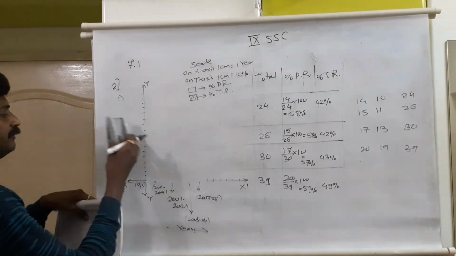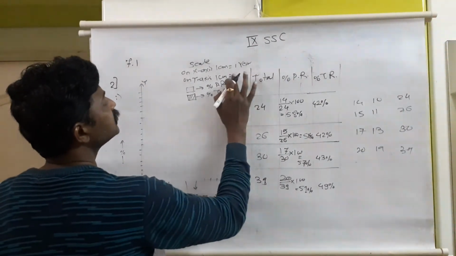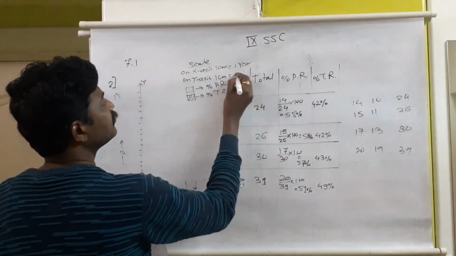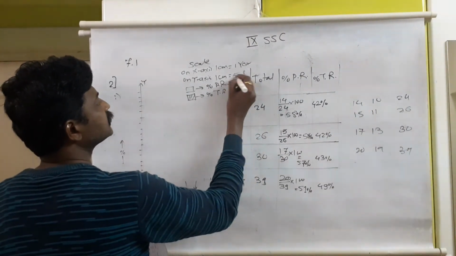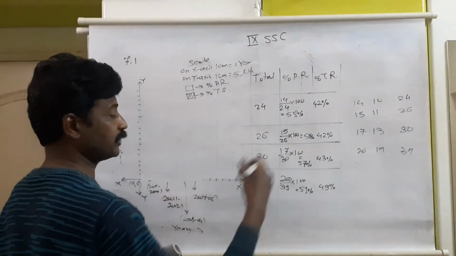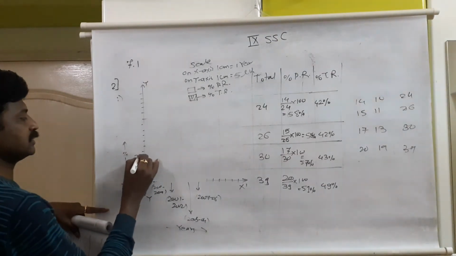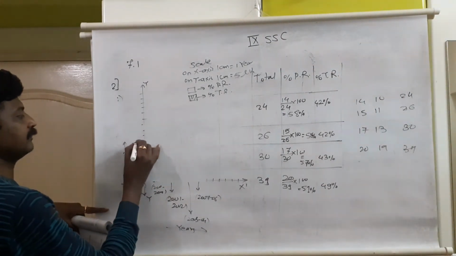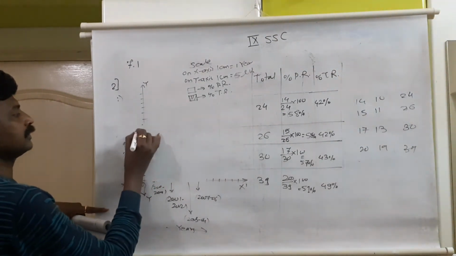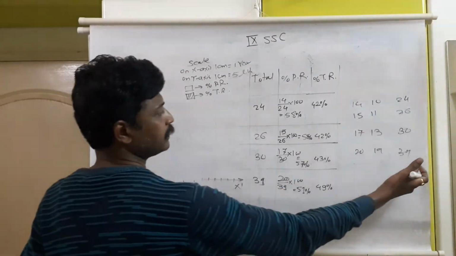Instead of 10% on the y-axis, we'll consider 5 lakh kilometers, because now there is no percentage. We are drawing a subdivided graph. So this is 5, 10, 15, 20, 25, 30, 35, 40, 45, 50, 55, 60. We need the maximum only till 40.